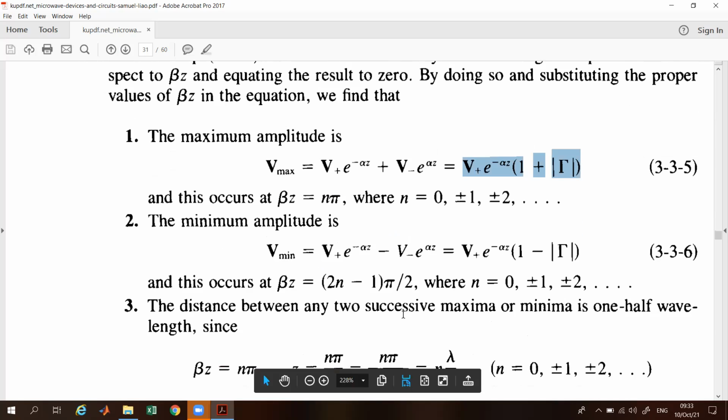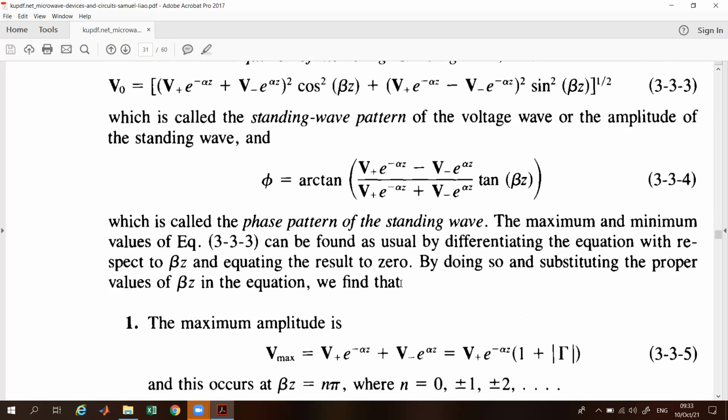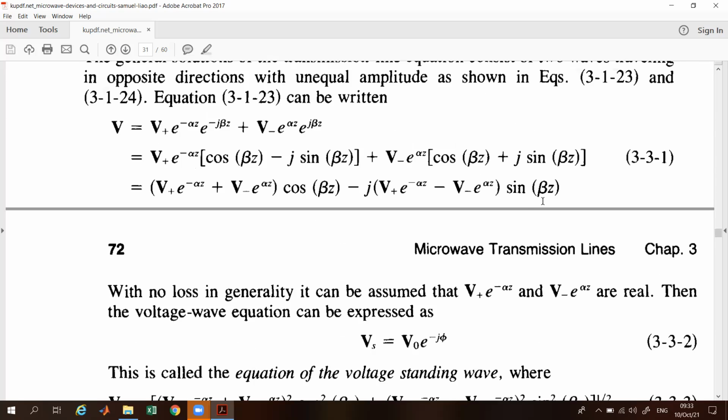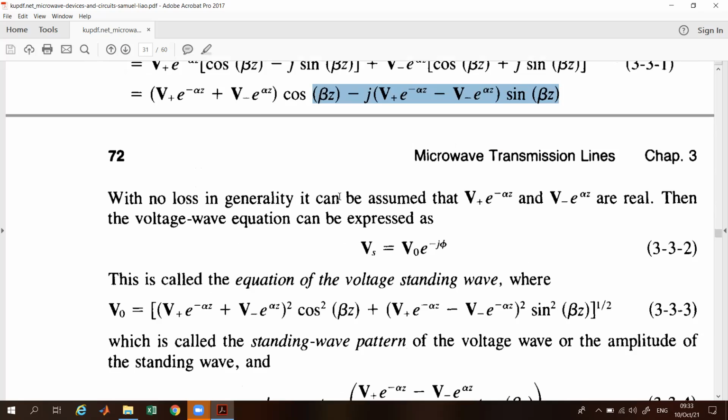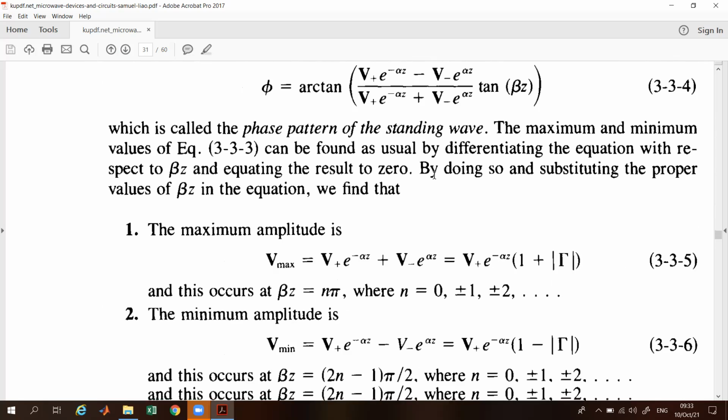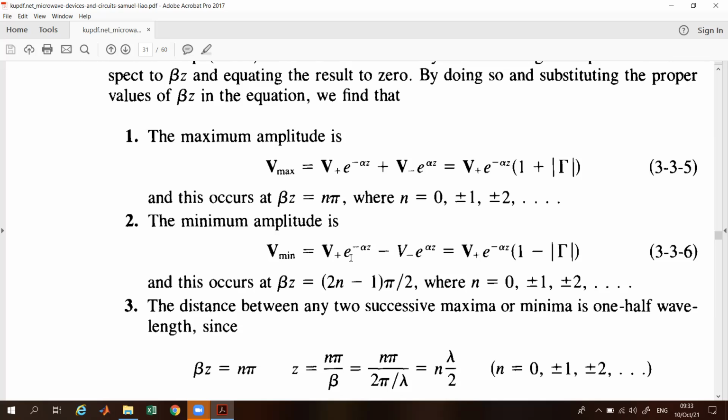When it's negative, you have to use βz equals (2n minus 1)π/2, and again you apply maxima and minima here. In that condition, you have to look at it with respect to sin βz, so then the negative sign will appear here.